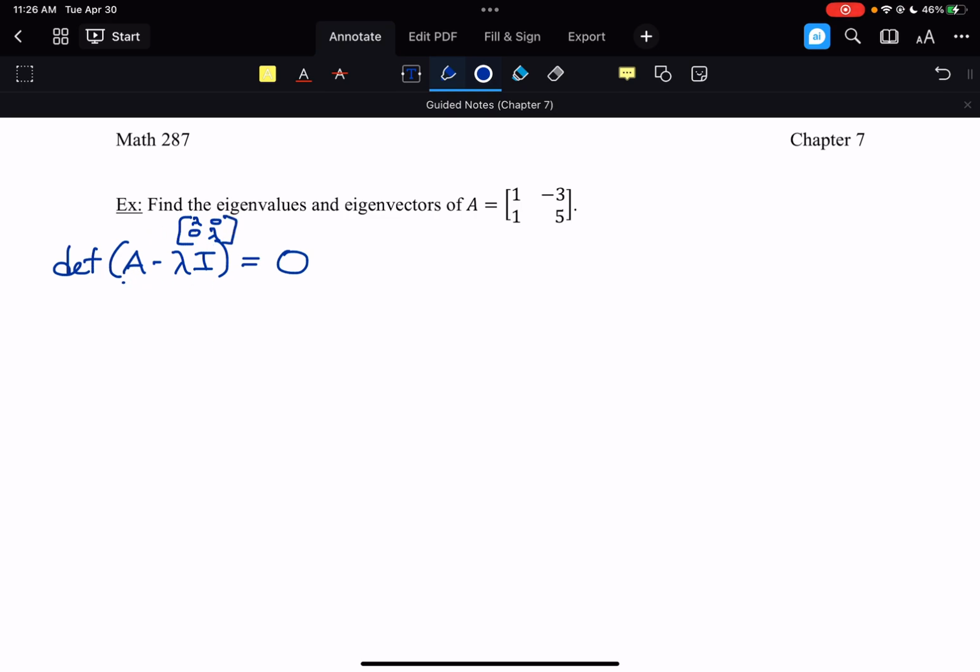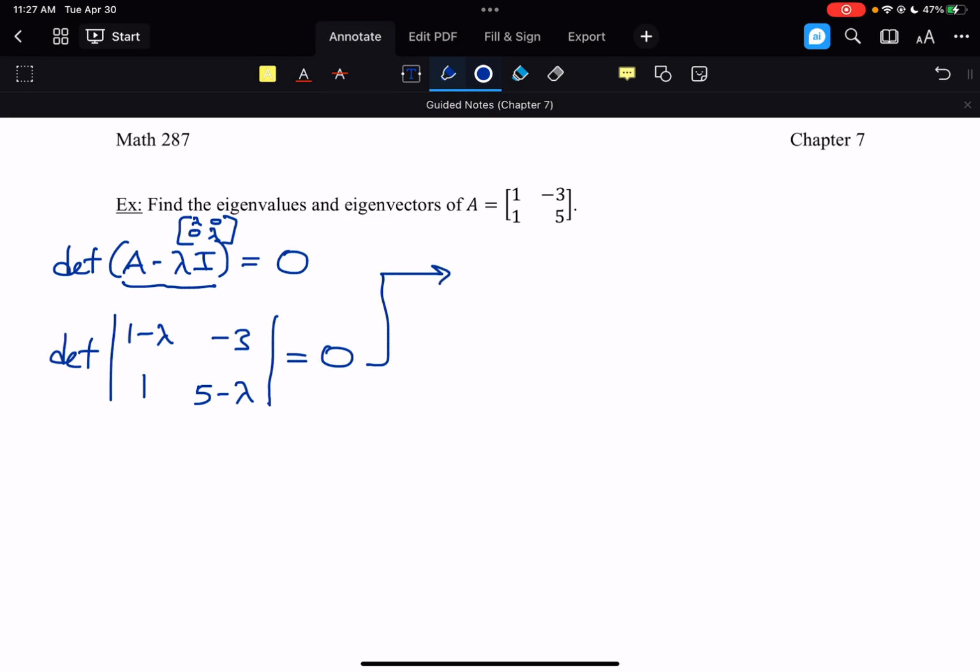So again, this process here is just subtracting lambdas off the main diagonal of A. So we're getting 1 minus lambda, -3, 1, and 5 minus lambda. And that determinant will be equal to 0. So this is our general setup. So this is A minus lambda I.